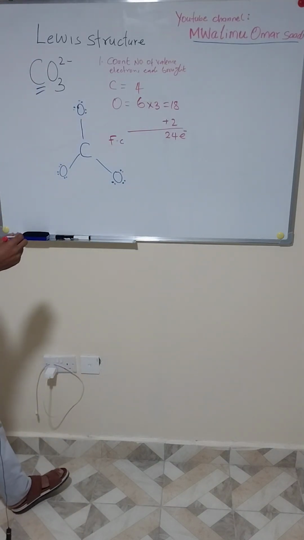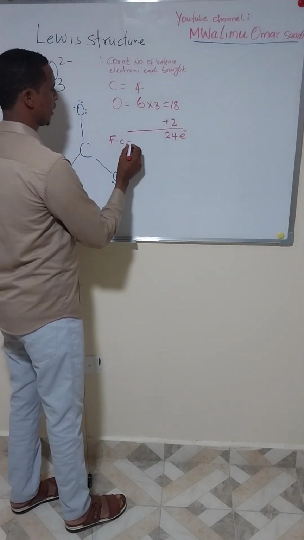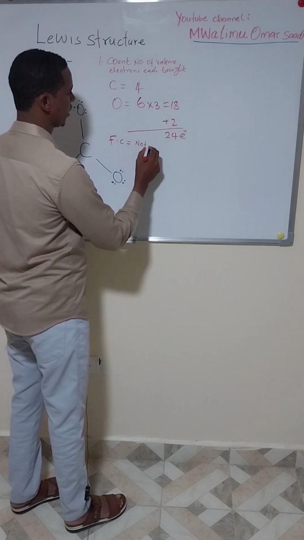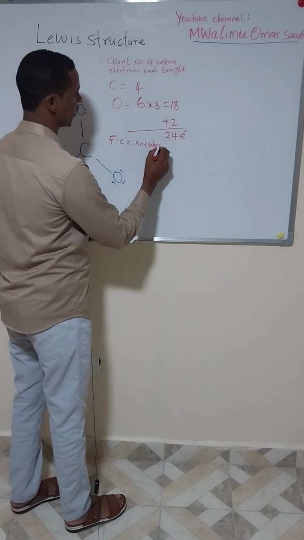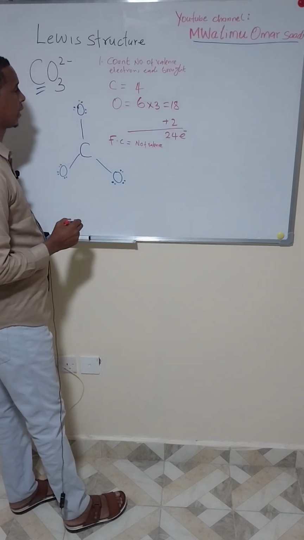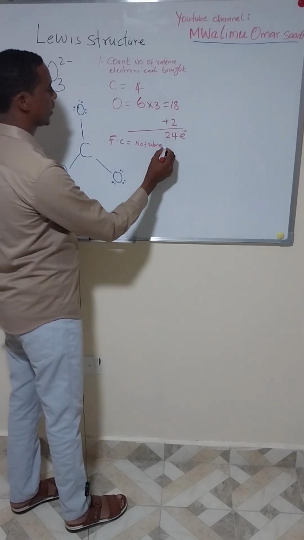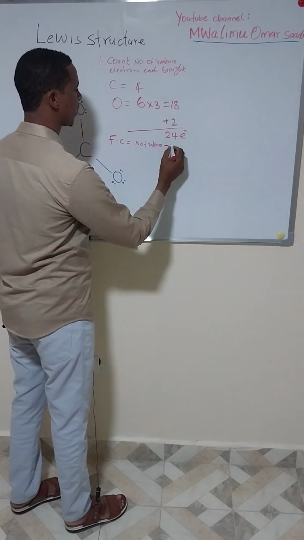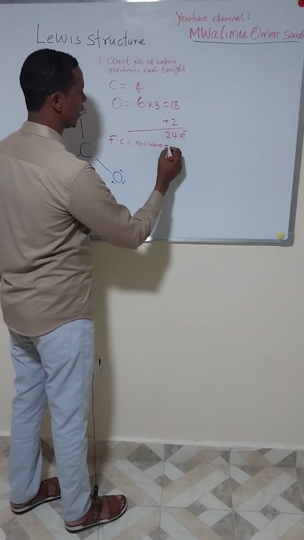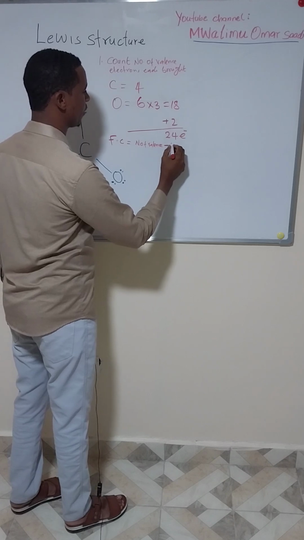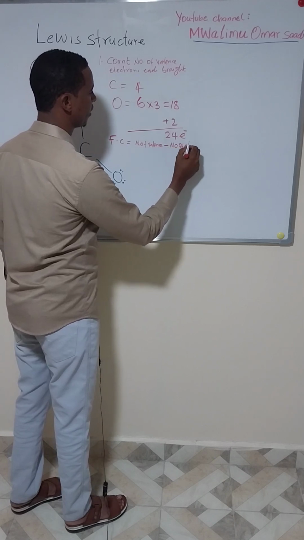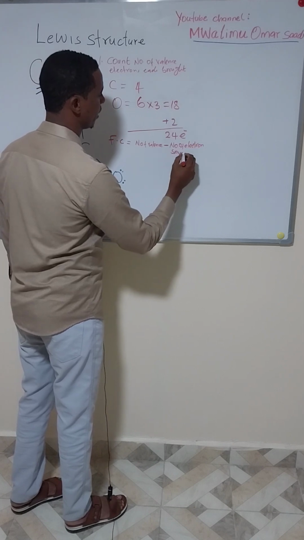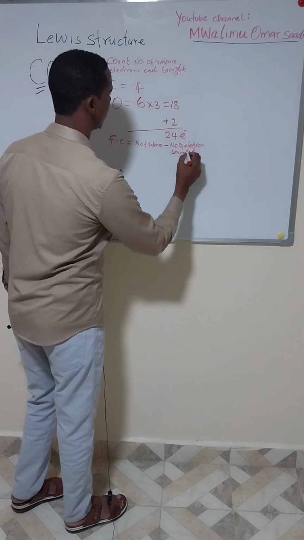To get the formal charge of any atom, it is the number of valence electrons brought by that particular atom minus the number of electrons surrounded by that atom.